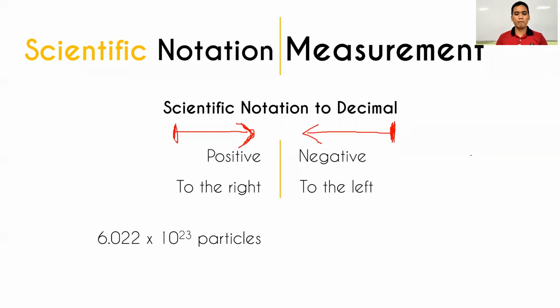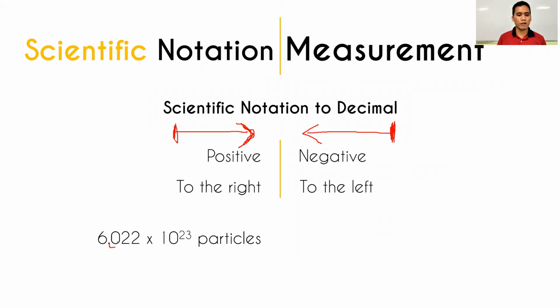Okay, so for example, if we have 6.022 times 10 to the power of 23 particles, since the exponent of your 10 is positive, the movement of your decimal point is going to the right. So just count 23 places to the right.